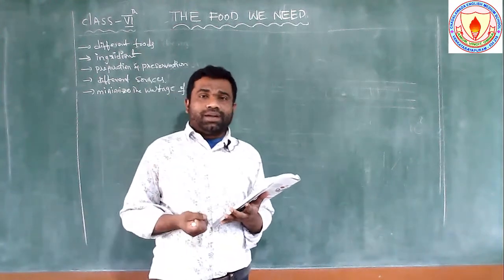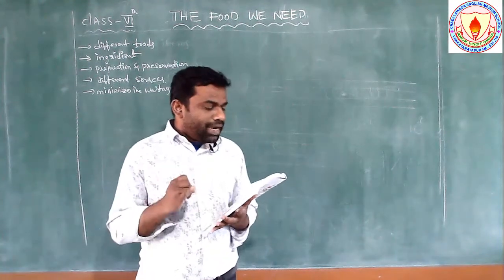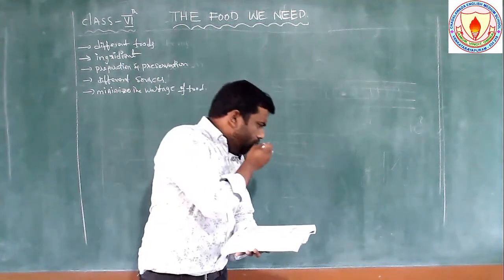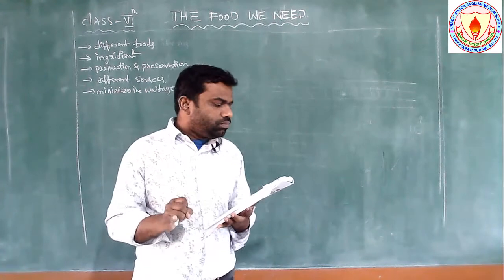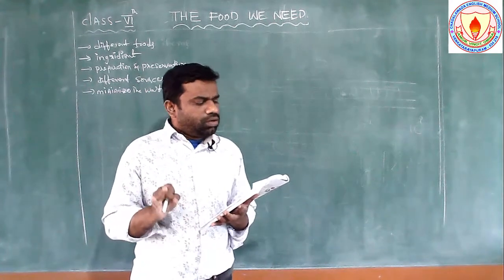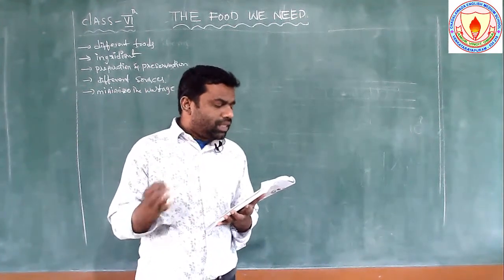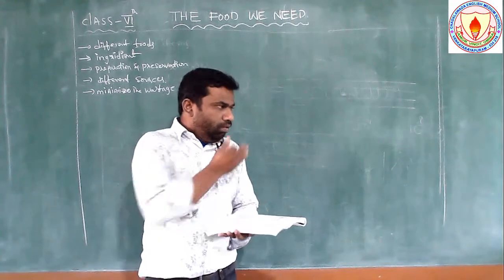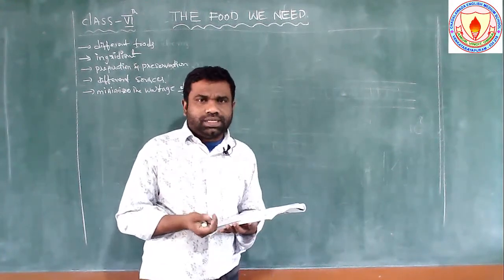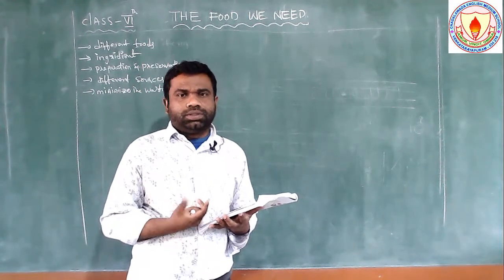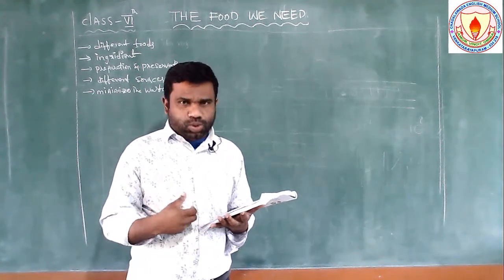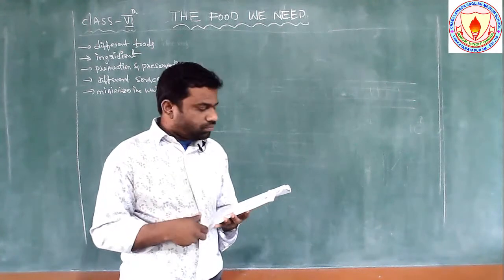So finally what we learn is that plants are one source, animals are also one source, and there are some other natural sources, salt and water. Yes or no?